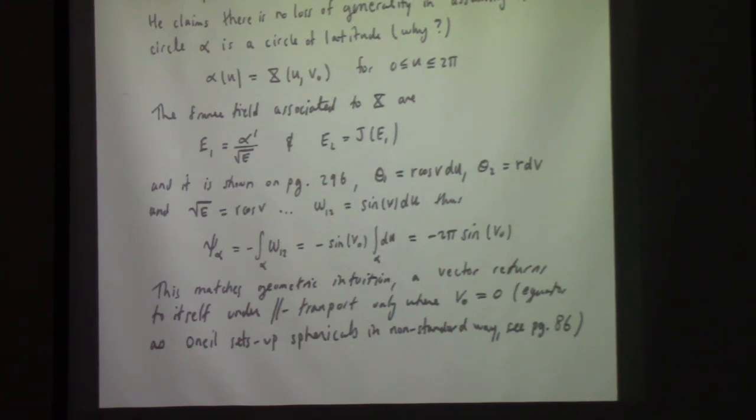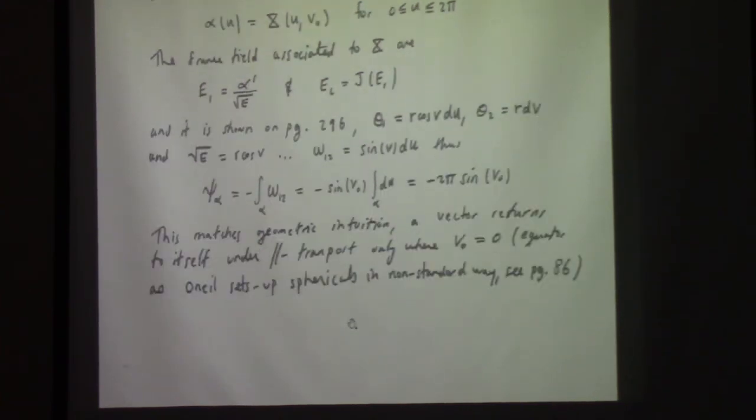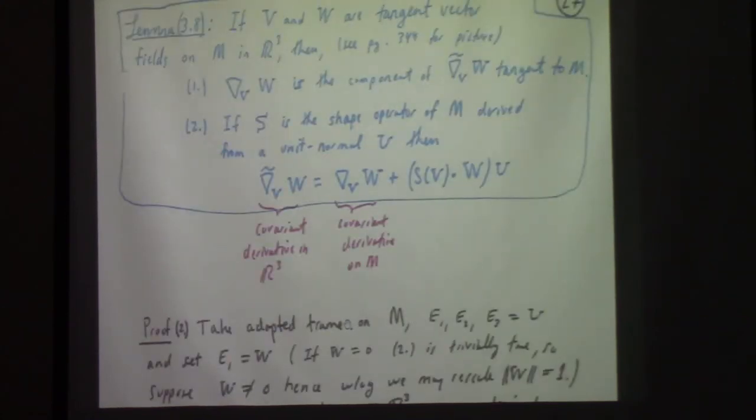Okay, so that's holonomy. And then finally, lemma 3.8 compares the covariant derivative in 3 dimensions with the covariant derivative in the surface that we've been talking about the last hour or so.